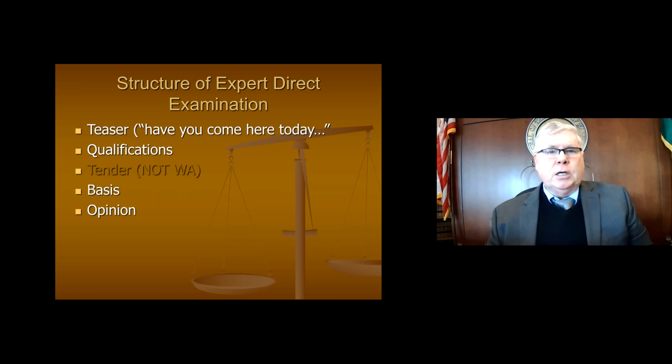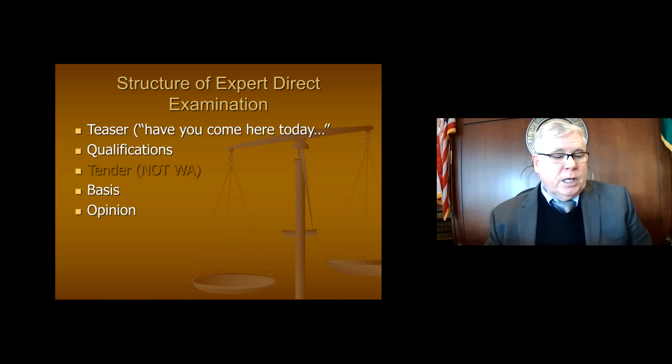And the teaser is simply a statement, and we only use it with experts. It is a statement that allows your finder of fact to understand why the expert is here. It is a leading question, and the expert has to be trained to answer yes or no and not to launch into their opinion.